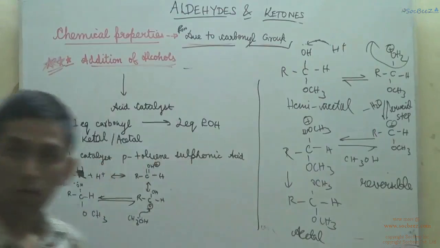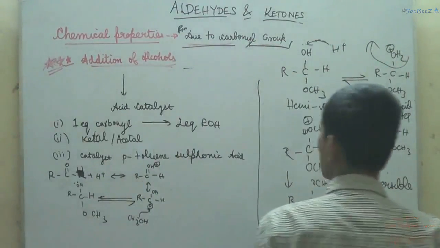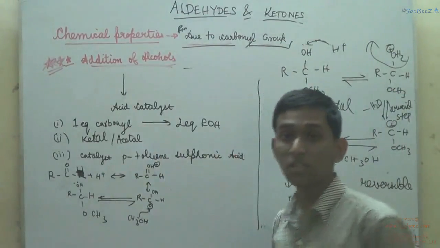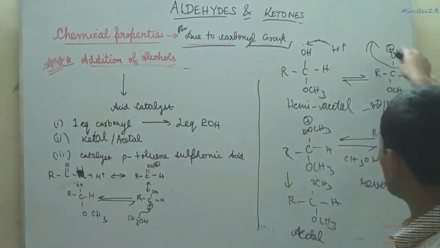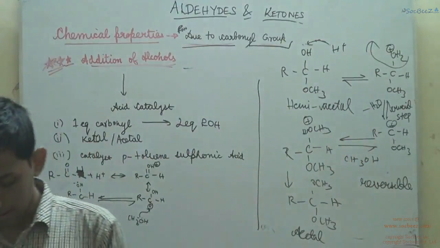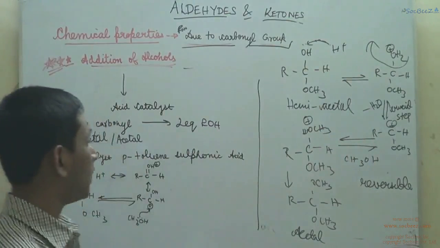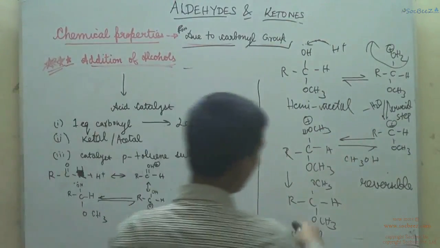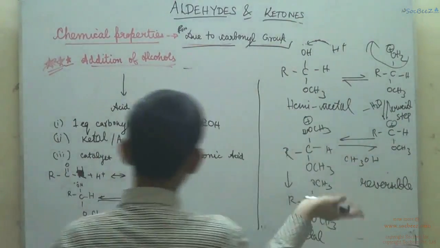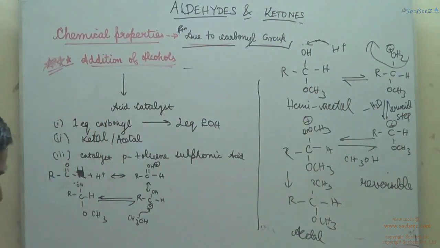Okay. Now one more point to be noted is that formation of the acetal and ketal requires an acid catalyst, because to facilitate the removal of the water molecule in the fast step, and you should know that these are reversible, and if you keep on adding water molecule, it reverses back and gives rise to your aldehyde.